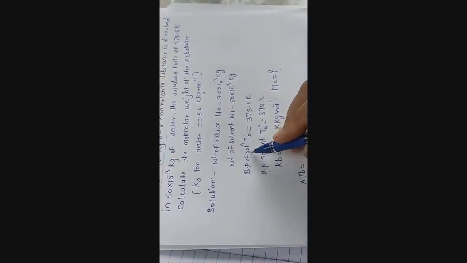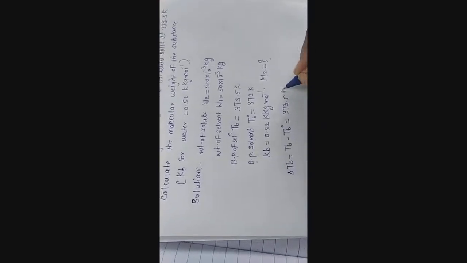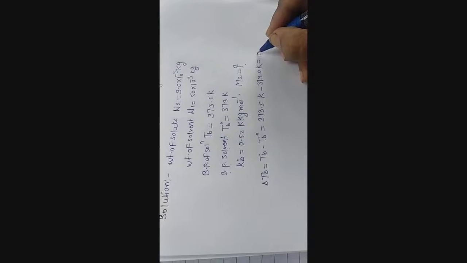So we can calculate delta TB equal to, the solution boiling point is always higher than the boiling point of solvent, given by TB, the boiling point of solution, minus TB0, the boiling point of pure solvent, is equal to 373.5 Kelvin minus 373.0 Kelvin, that is equal to 0.5 Kelvin.